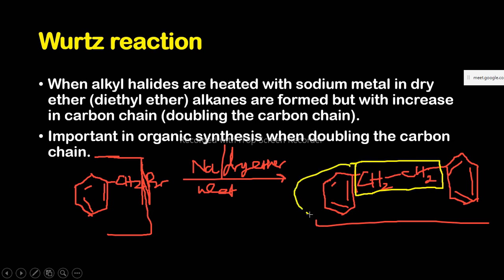Then these ones are groups attached on the parent chain. One group is attached on carbon 1, another group on carbon number 2. So it becomes 1,2-diphenyl, then this is ethane: diphenyl ethane.